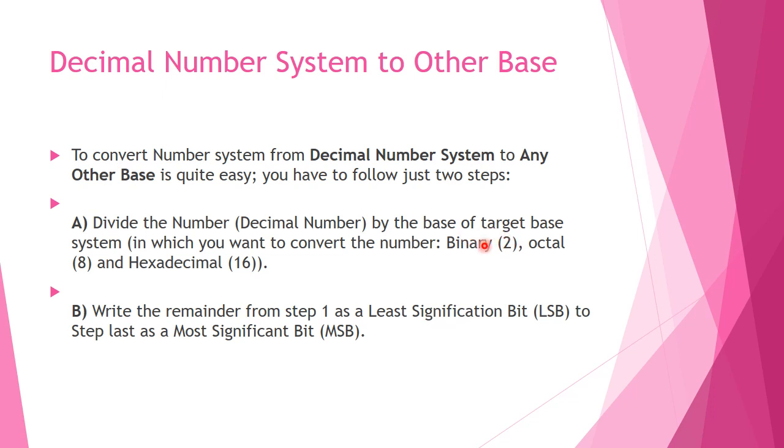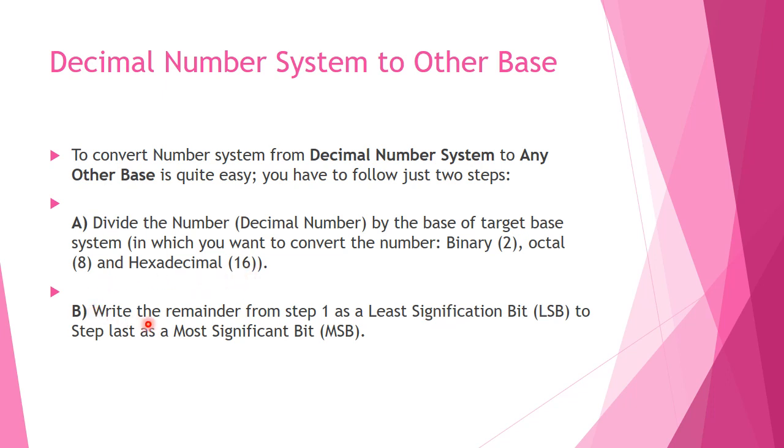For example, binary has base 2, so divide by 2. If you need to convert into octal, divide that number by 8. If you need to convert to hexadecimal, divide by 16.